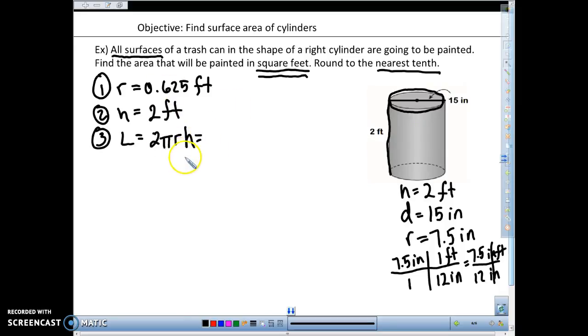Okay, I have both of these values. I have my r and I have my h, so I'm going to go ahead and plug them in. So 2 times pi times r, which is my radius, 0.625 feet, and I'm going to multiply this times my height, which is 2 feet.